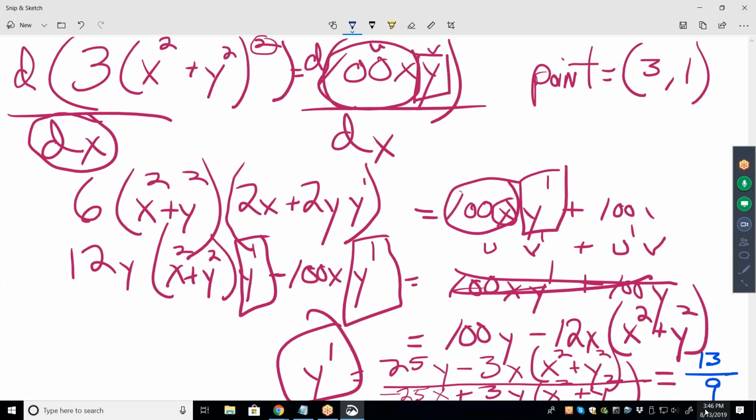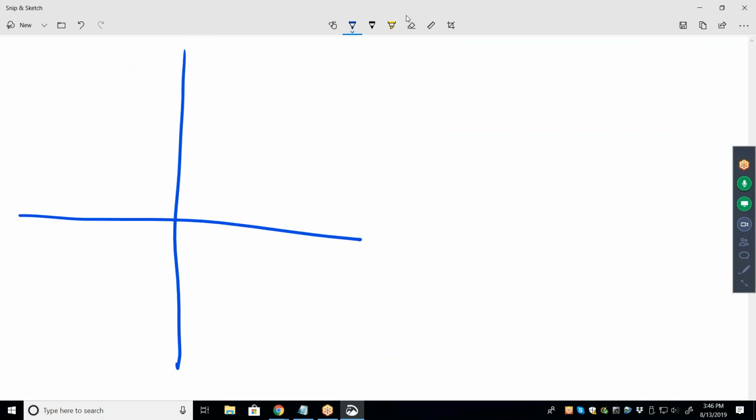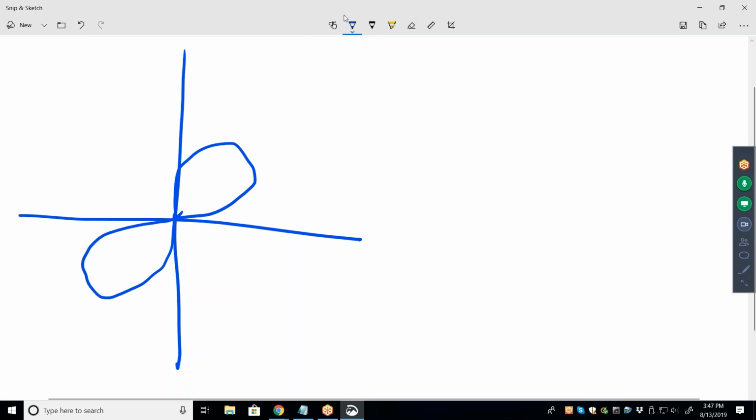Okay. Now, I'm going to draw this. The only way I know how to do it at this point is this way. A figure 8, basically. That's the equation.